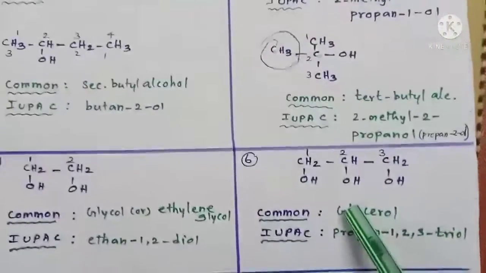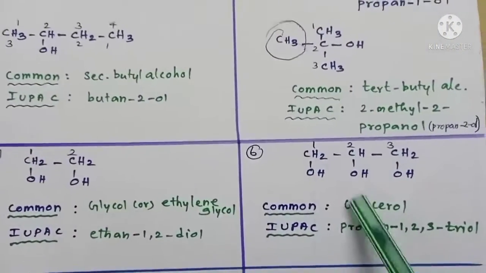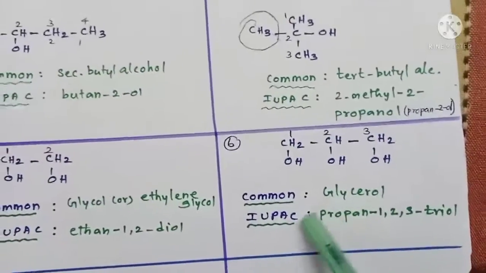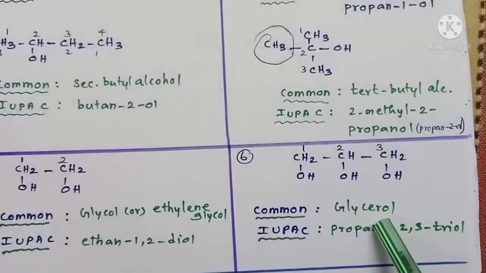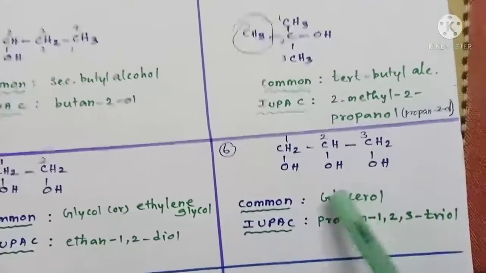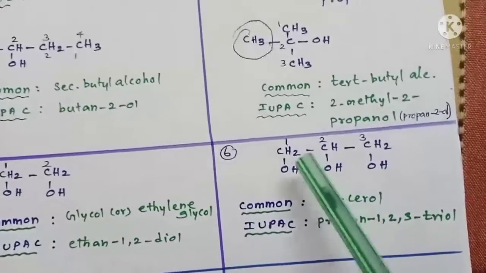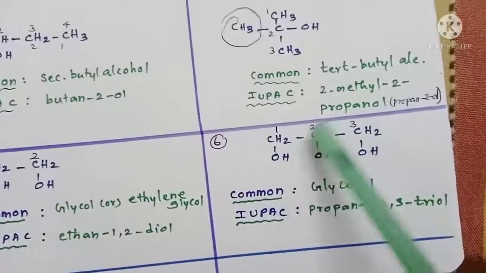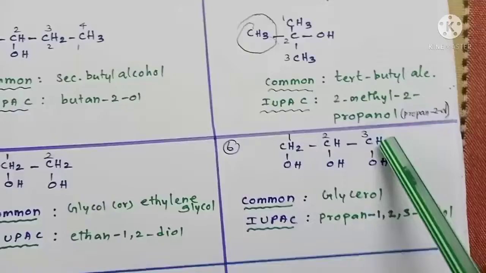Then a trihydric alcohol, CH2OH, CHOH, CH2OH. Its common name is glycerol, a non-systematic name. For the IUPAC name, this is the parent carbon chain: 1, 2, 3. There are 3 carbon atoms, so it is a propane derivative.